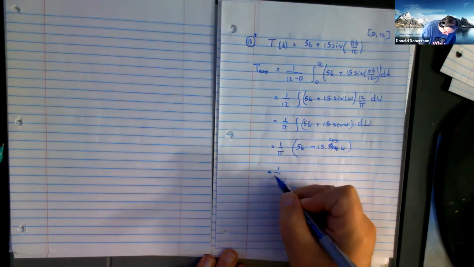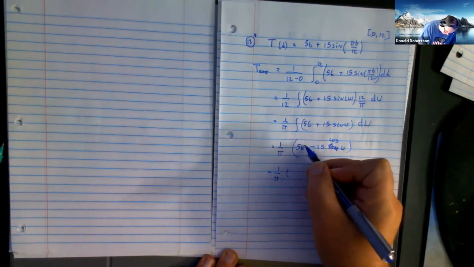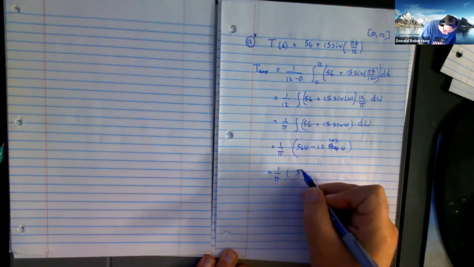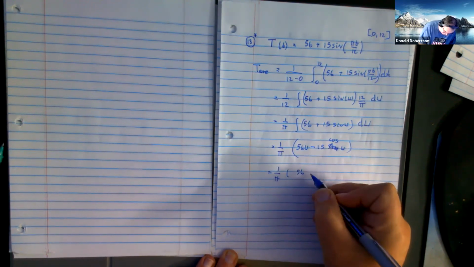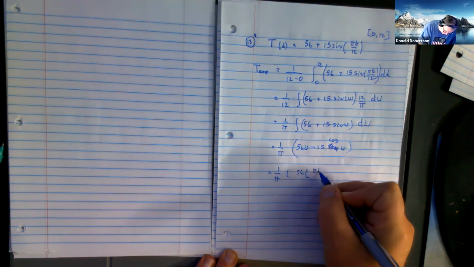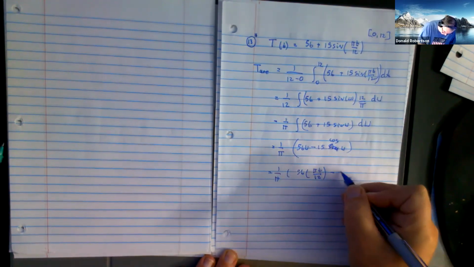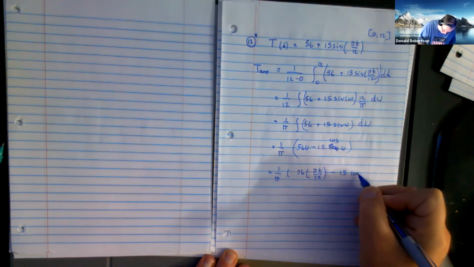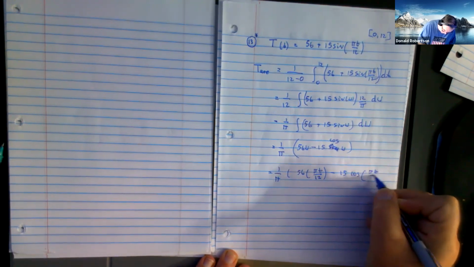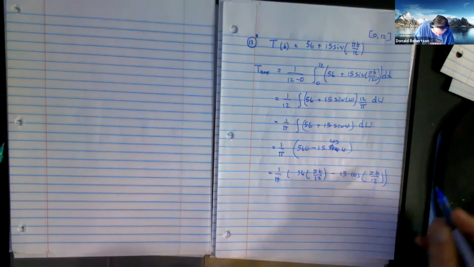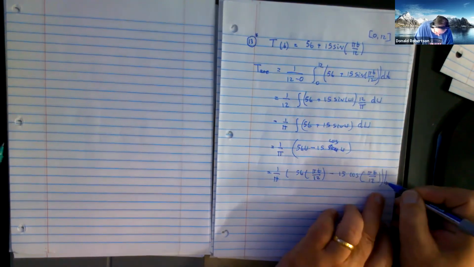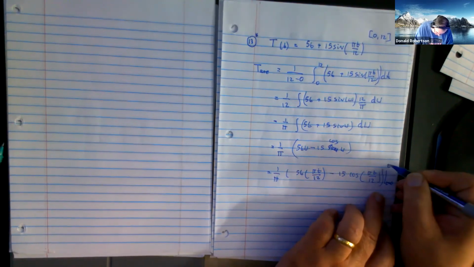That's going to be 56 u, take away 15 cosine of u, evaluated at 0 and at 12.